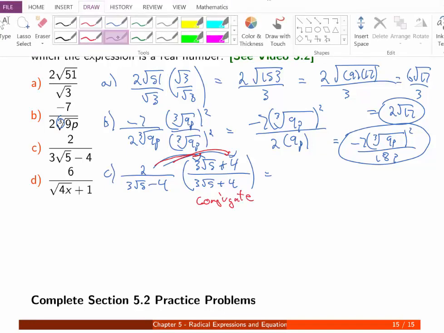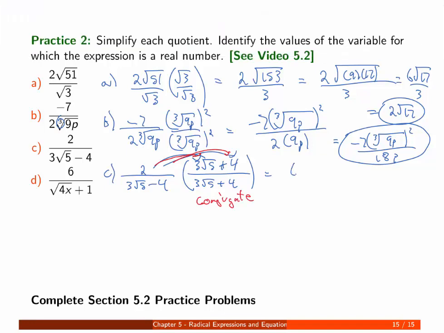So this will come out to be 6 root 5 plus 8 on the top, and on the bottom you can go through the whole distribution, or you can remember that basically what you're going to be left with is the square of both these terms, separated by a negative sign.